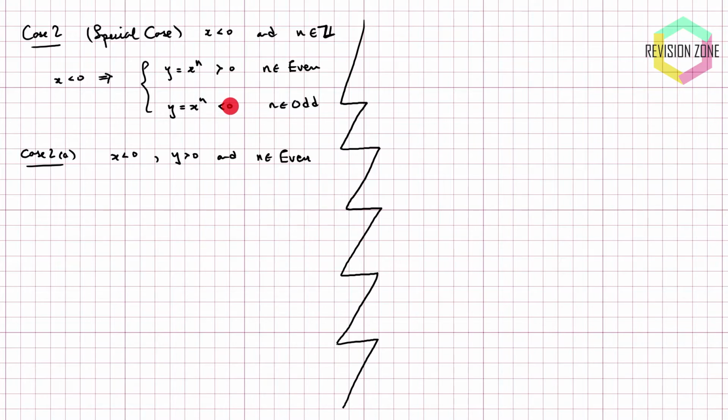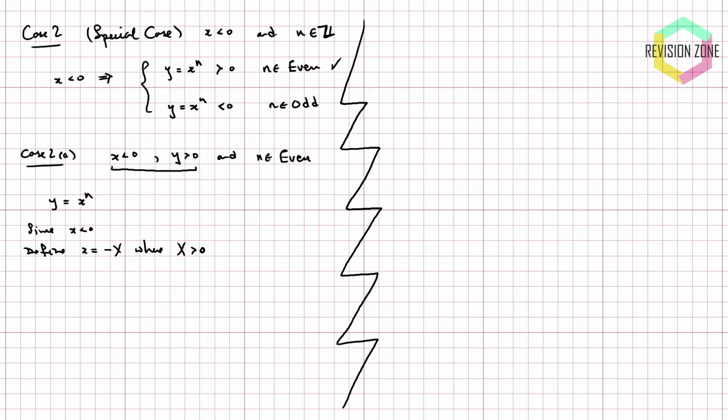So really, what we can do now is consider sub-cases. Let's take the case where n is even. Then we end up with x negative and y positive. So I go back to my y equals x to the n, and since x is negative, we can define x to be negative capital X, where capital X is positive, right?